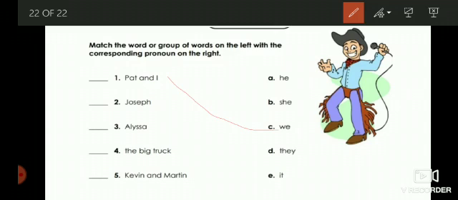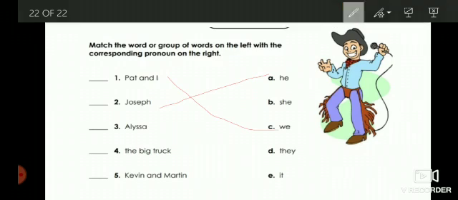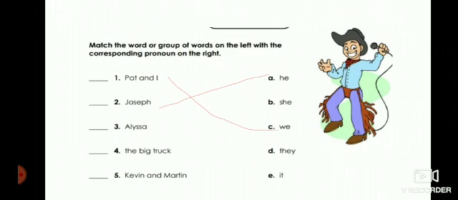Okay. You have to write in a rough note. Joseph. Is Joseph a boy or girl? Yeah, boy. So he. Good. Next one. See, Alisha. Is she a girl or boy? Yeah, girl. So what is the answer? Yeah, she.